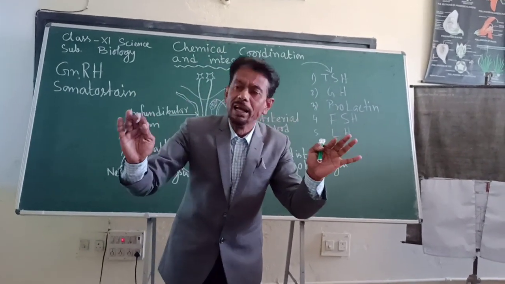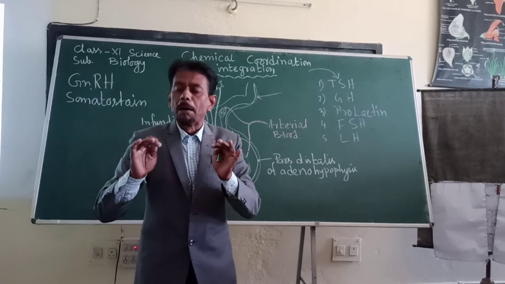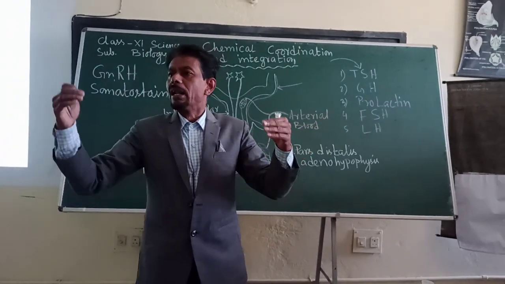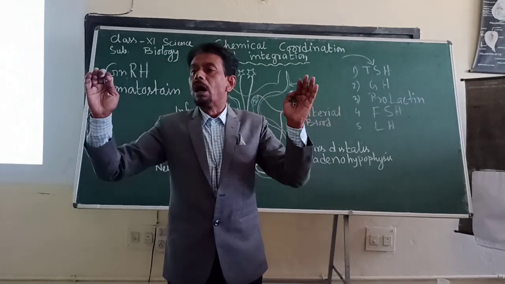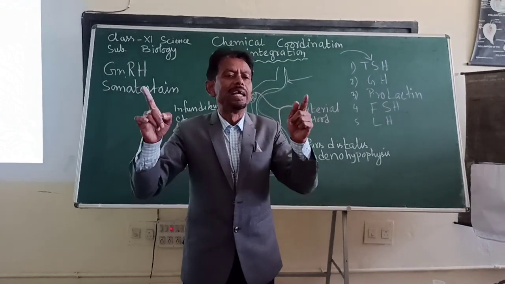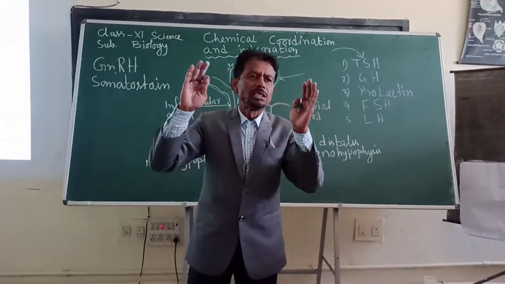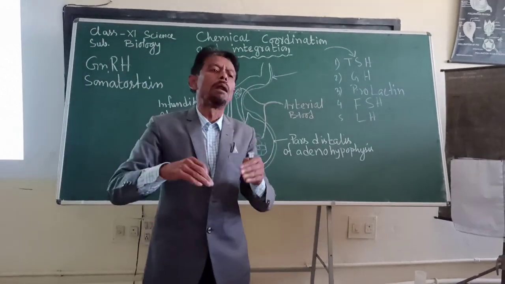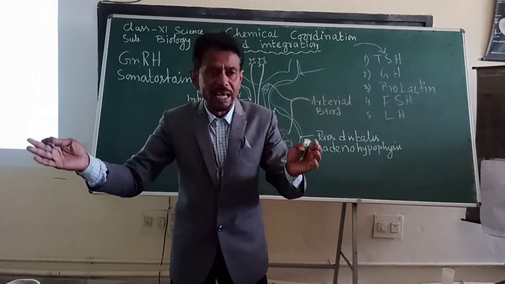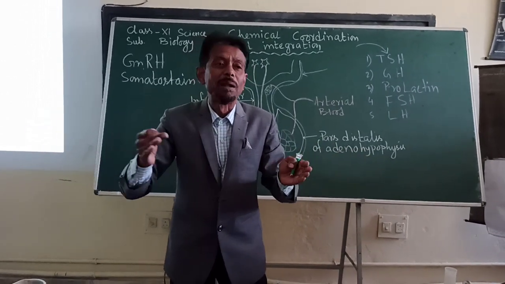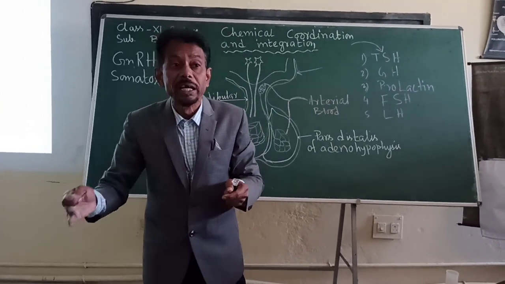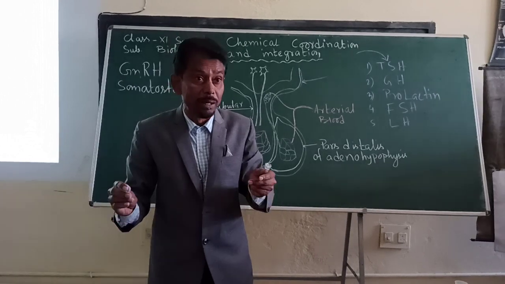In the male, it will stimulate the process of spermatogenesis. In 12th class, we shall teach you how the process of spermatogenesis takes place. But by that time, I tell you, spermatogenesis is the process of formation of sperm from the spermatogonial cell, which is present within the seminiferous tubule, the inner lining of the seminiferous tubule.